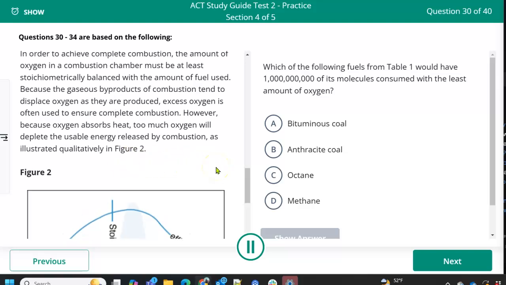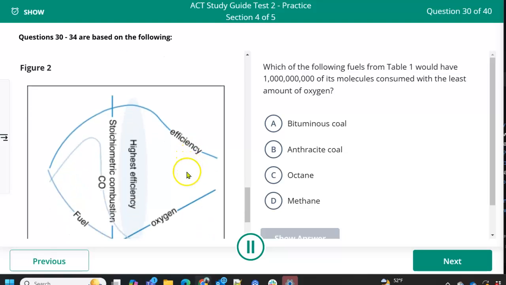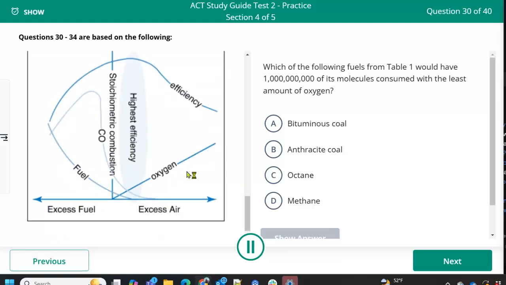Because oxygen absorbs heat, too much oxygen, I want to see what figure 2 is about. However, because oxygen absorbs heat, too much oxygen will deplete the usable energy as illustrated in figure 2. All right. So what are we seeing here?